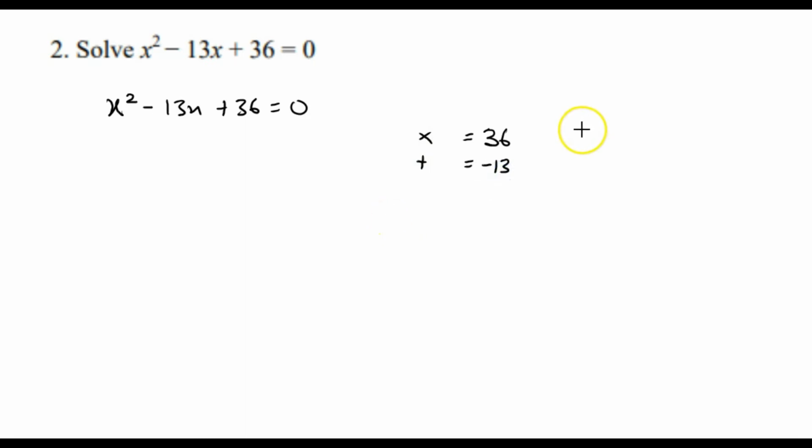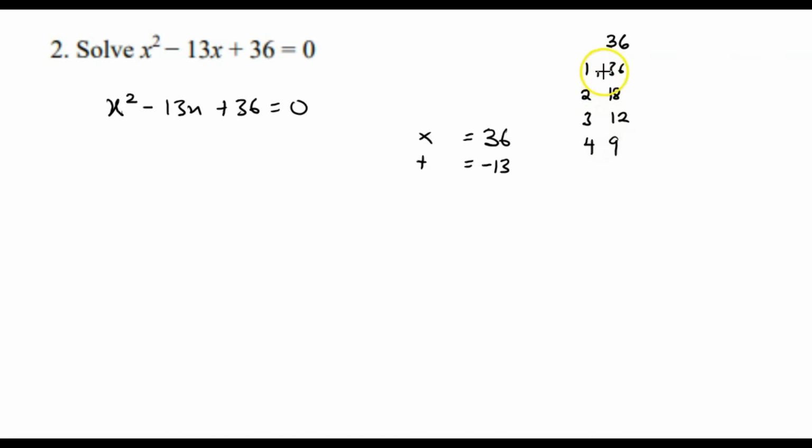So to begin with, in order to get the factors of 36, let's just put our 36 here. We may have 1 and 36. We may also have 2 and 18, 3 and 12, and finally we may have 4 and 9.